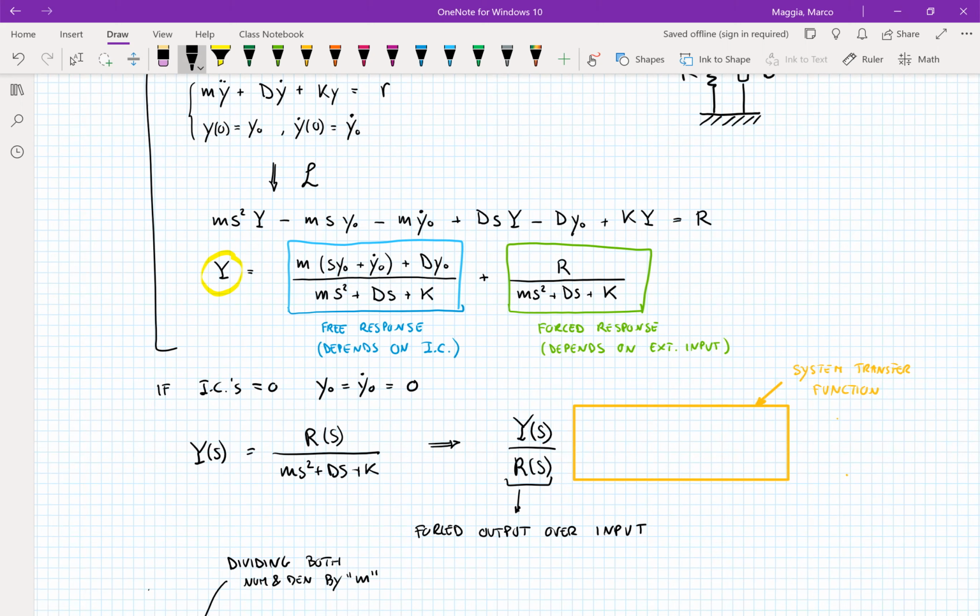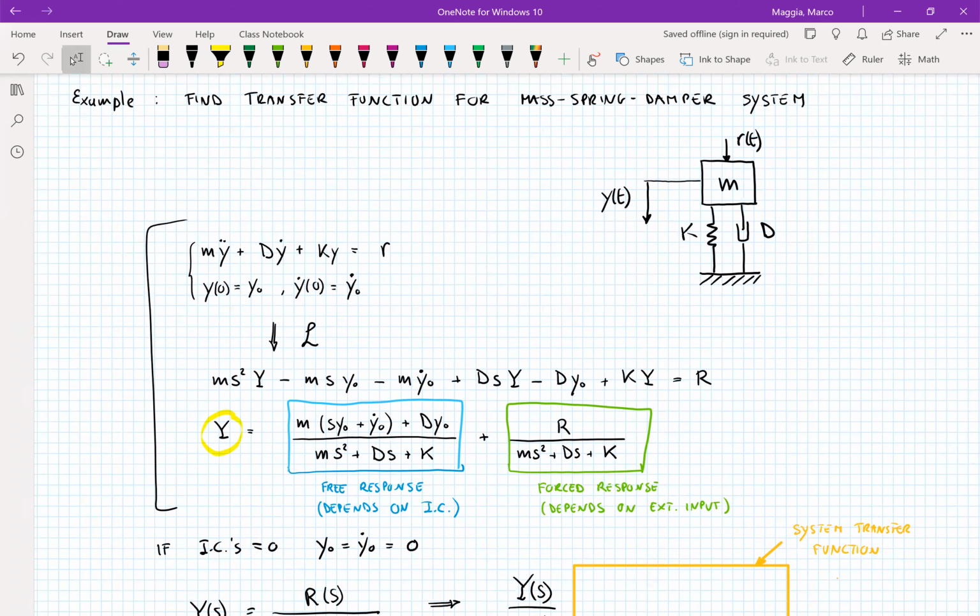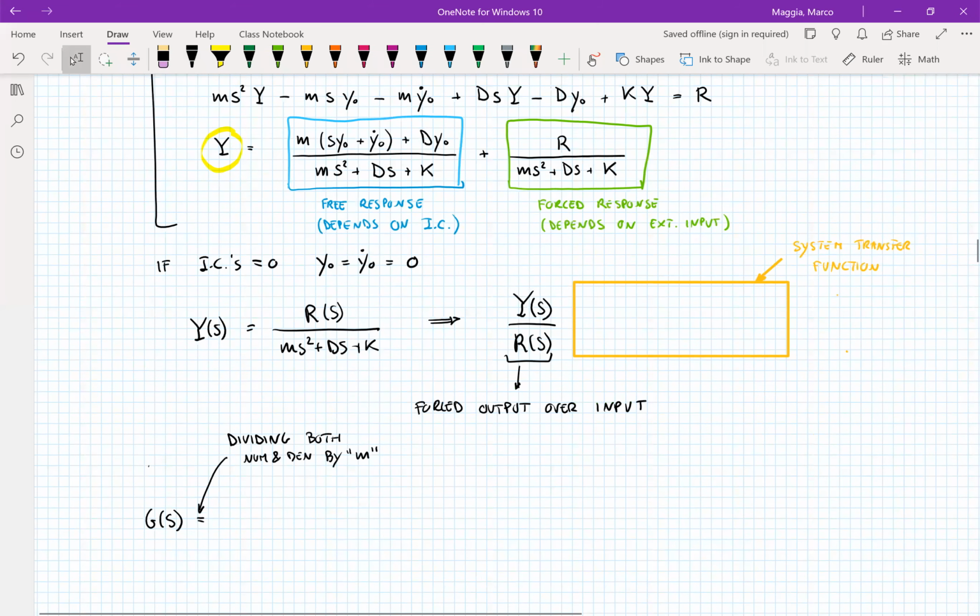In the case of just a process, so here we don't have any controller, our process is the mass-spring-damper. We're going to use G of S to symbolize the transfer function. So in this case, this is equal to 1 over ms squared plus ds plus k.